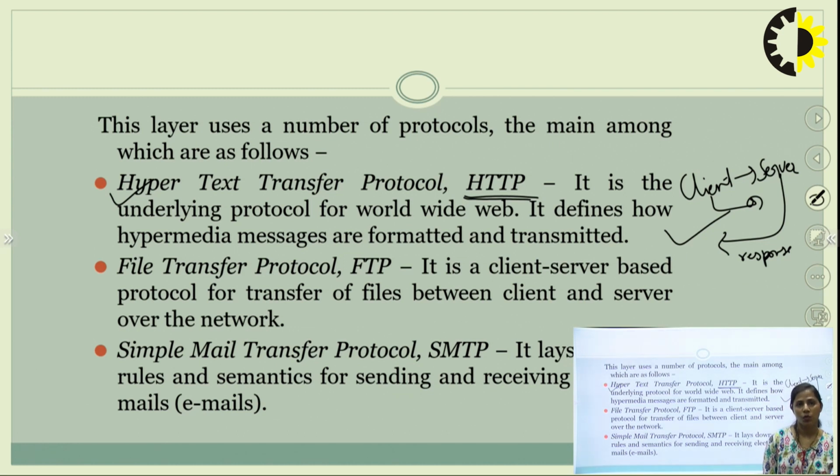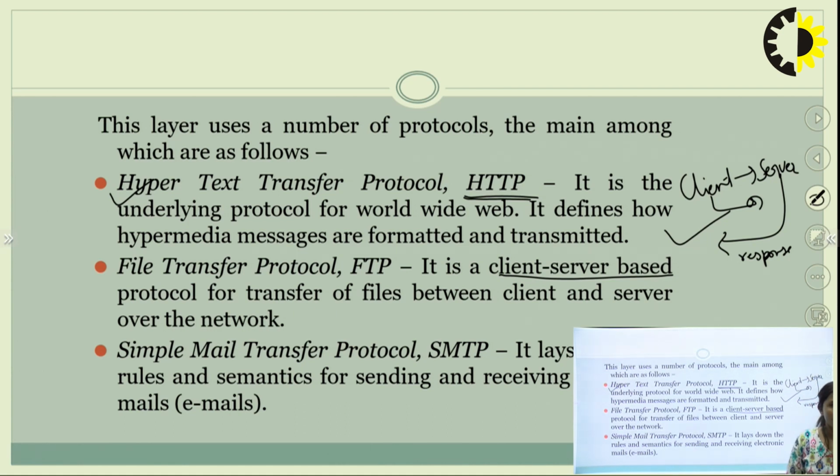The next one is the file transfer protocol. A protocol is a set of rules, meaning we have specific rules for that particular transmission to be done. These are the various rules involved in the transmission of data. So let us discuss the file transfer protocol. File transfer protocol is a client-server based protocol, meaning how a file is transferred from one client to another, or how the transmission is done between the client and the server.